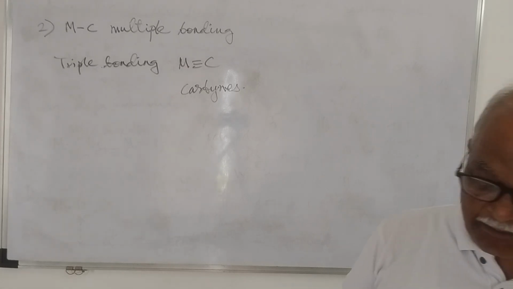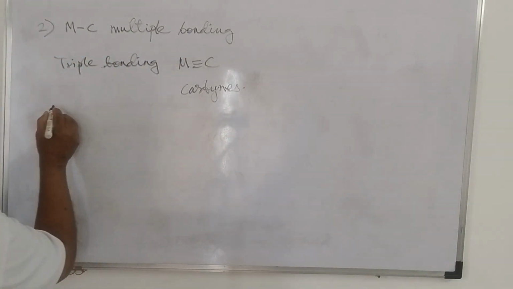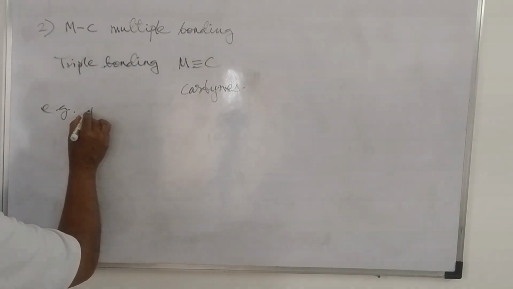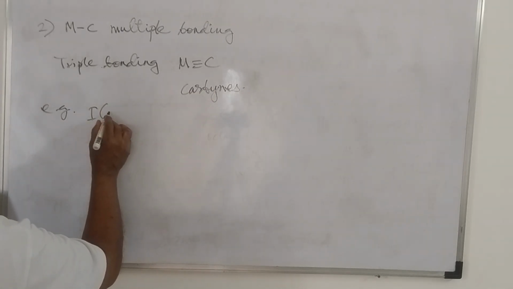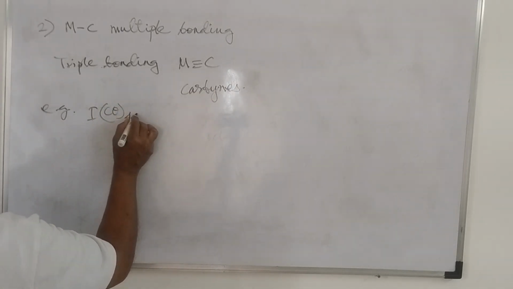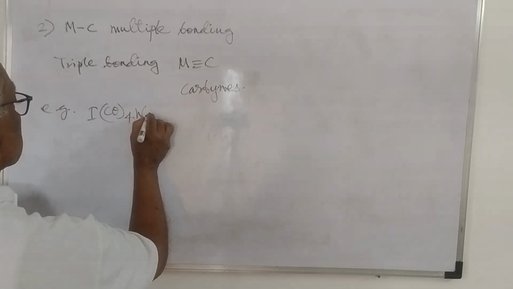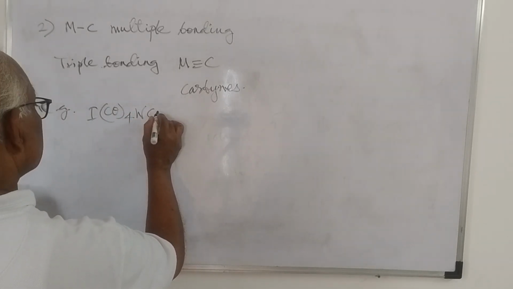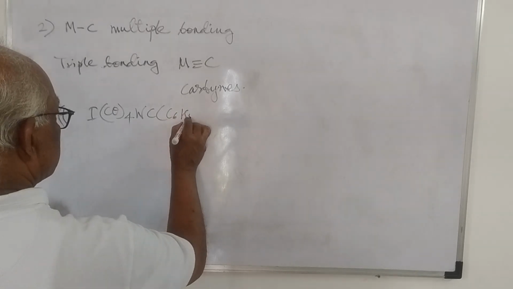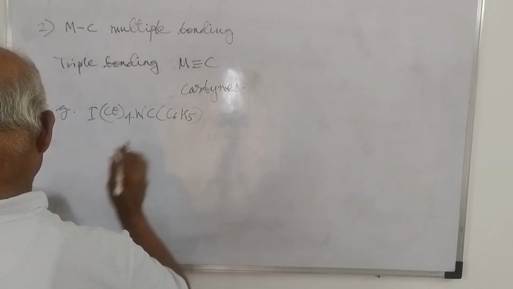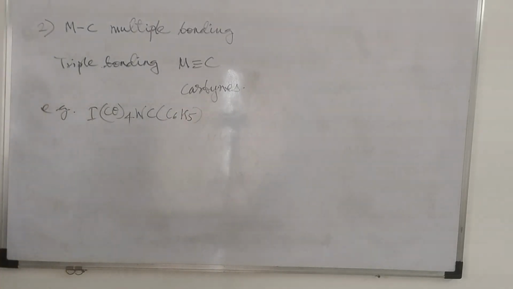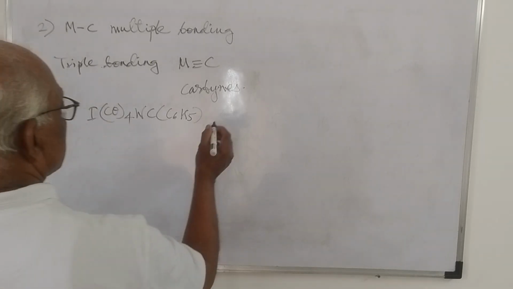If we take the example X(CO)4 with the metal tungsten and carbon C6H5, then in this case and related compounds, the structure is octahedral.